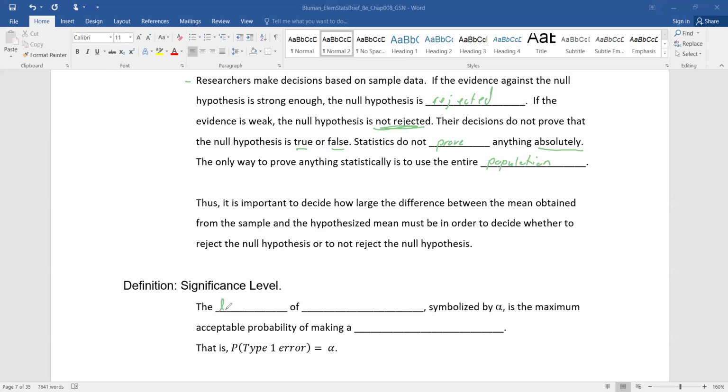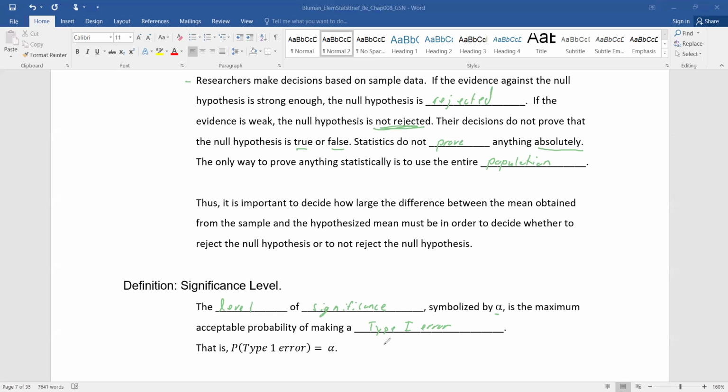So, the level of significance, symbolized by alpha, is the maximum acceptable probability of making a type 1 error.